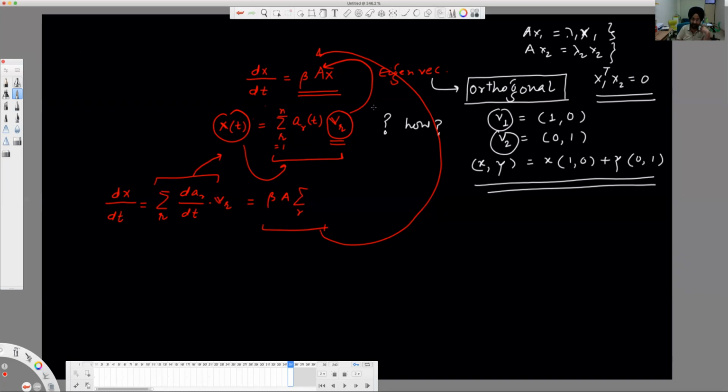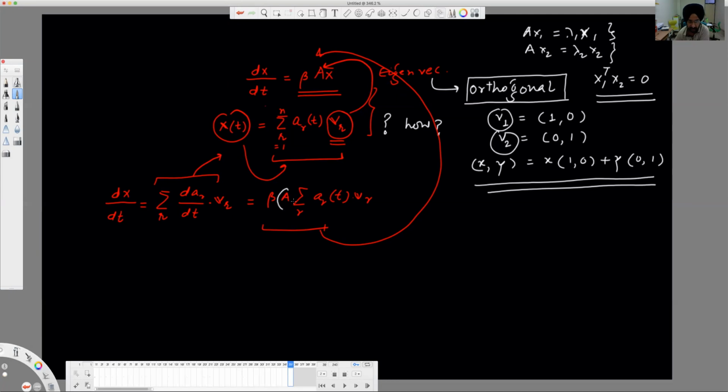So I'm using these two equations now. There's a trick that I'm going to use.